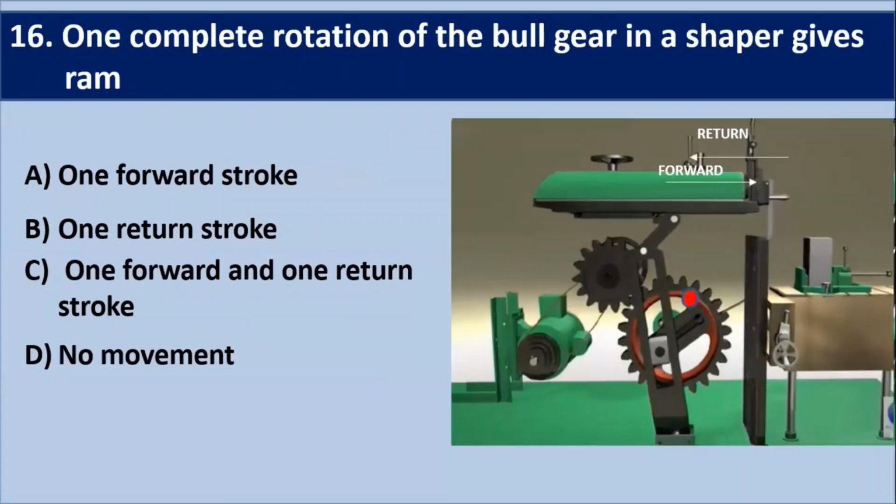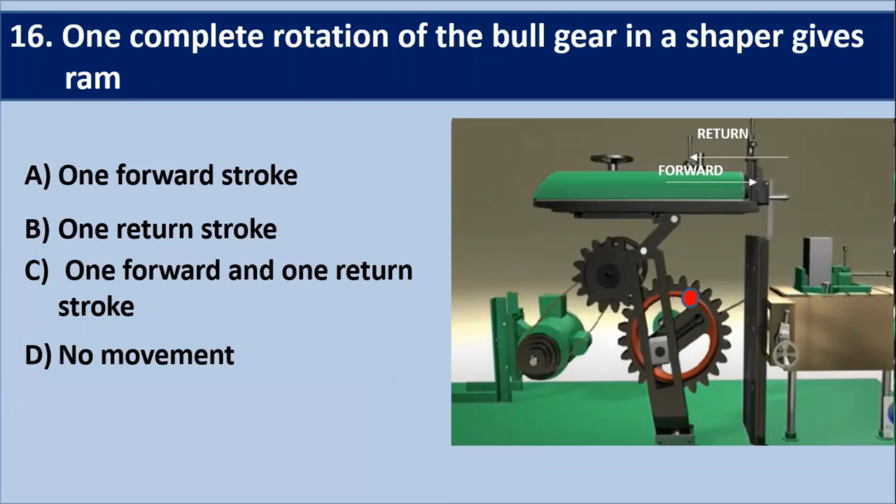Our next question, one complete rotation of the bull gear in a shaper gives the ram. The options given are one forward stroke, one return stroke, one forward and one return stroke, no movement.